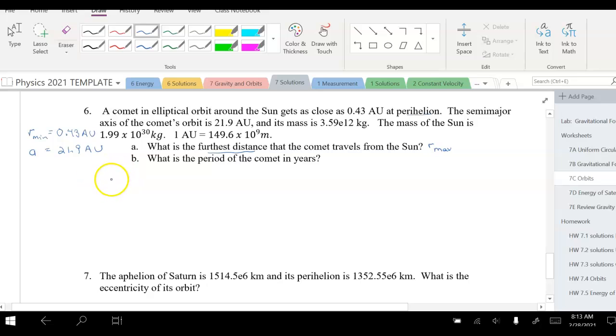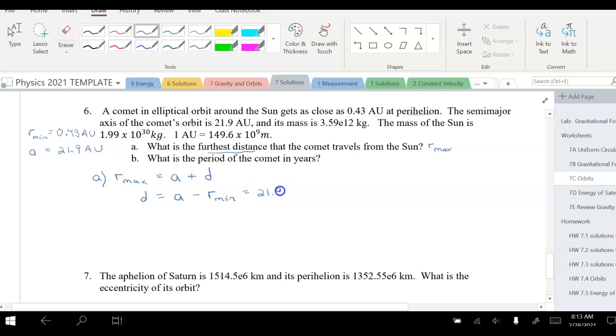So I know that r max equals the semi-major axis plus that distance d from the center to the focus point. Okay, and let's see here. I think I can find d because I know the semi-major axis and I know r min. And r min plus d equals the semi-major axis.